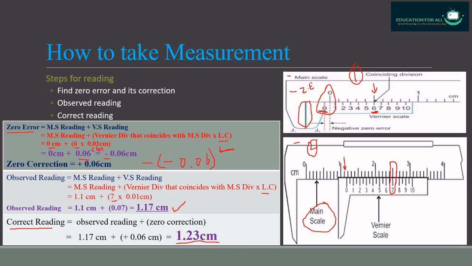These two formulas are the same, so please don't get confused. If you write these formulas two or three times, it will become easy for you to learn them. And the methodology, how you take the zero error, how you take the observed reading, how you correct it, I mentioned in this slide.